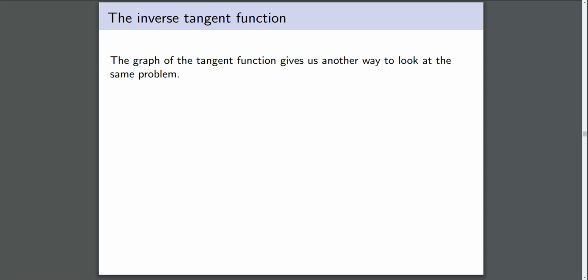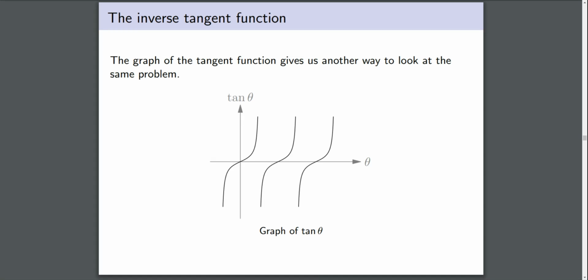Another way to look at the same idea is to look at the graph of the tangent function. Here's a graph of tangent theta. And remember that at this point in the problem, we've been given numbers for y and x. And we're looking to find solutions. We want to solve the equation tangent theta equals y over x. Y over x is just a number in this problem. For example, we could take y over x equal to 3.